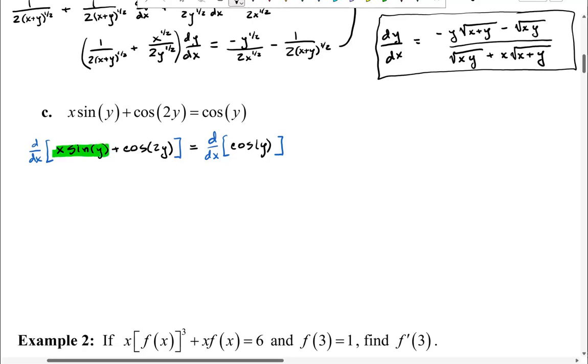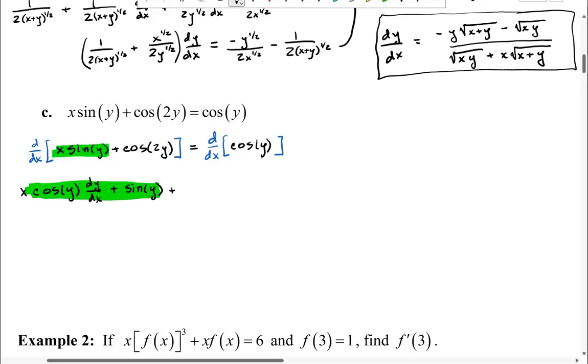So we have our first function times the derivative of the second, but remember, y can be thought of as a function of x, and so we have to multiply by the derivative of the inner function, which looks like this. So there's the first times the derivative of the second, plus the second function times the derivative of the first, just that x, is 1. So that gives us the derivative of the green part using product rule.